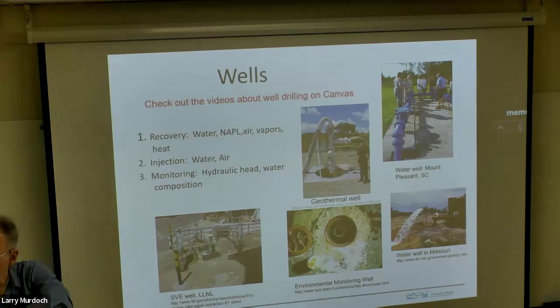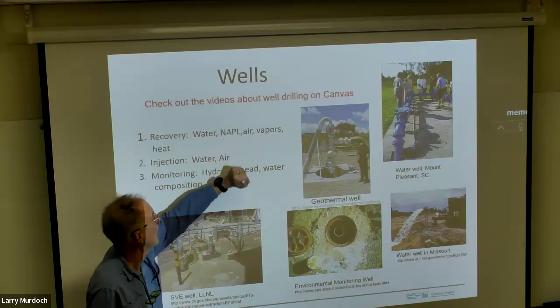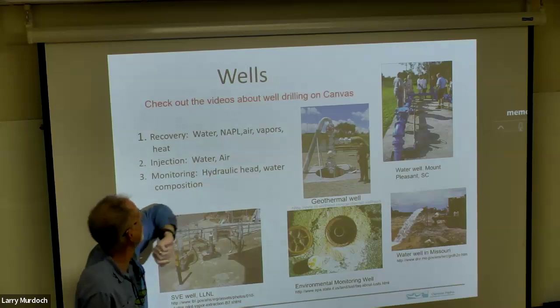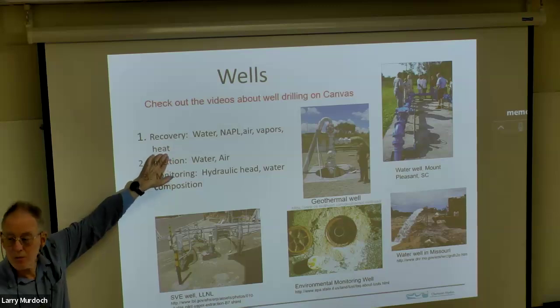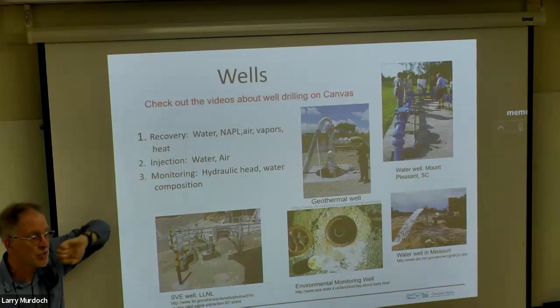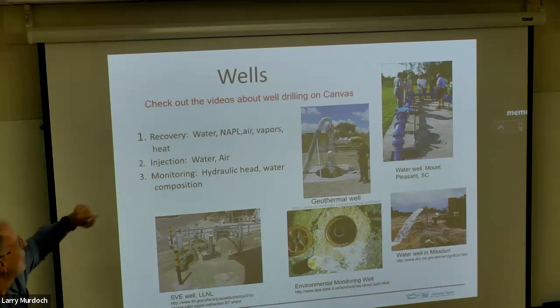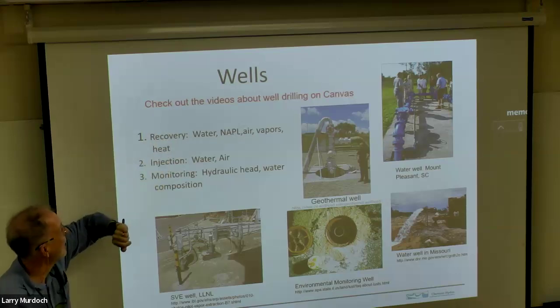If you put a well in the vadose zone, you can pump air out and also vapors. And then some wells are designed to remove heat or put heat in the ground, heat exchangers. Okay, so that's another application. Well, I guess it's recovery, it would be pull heat out.